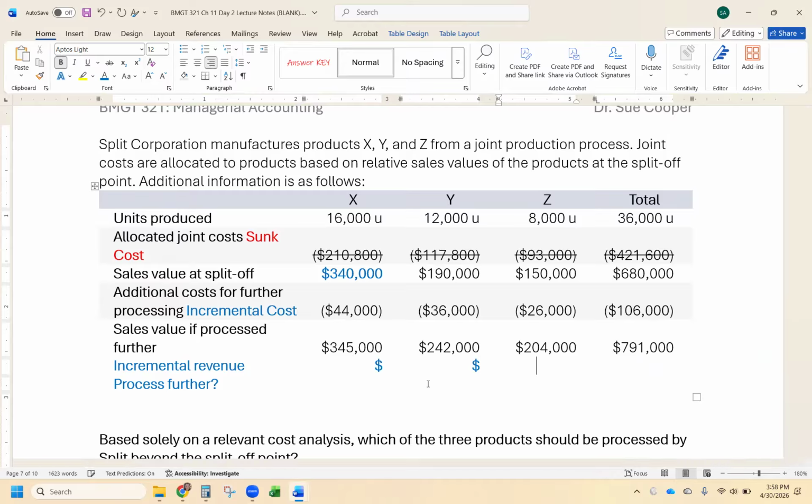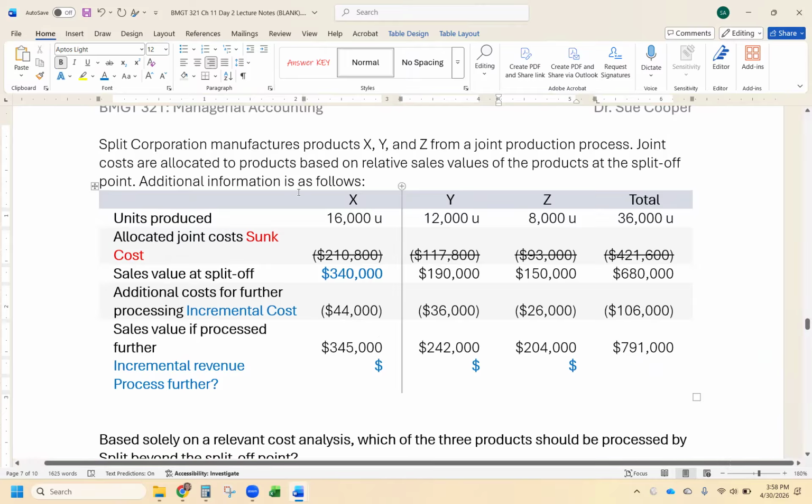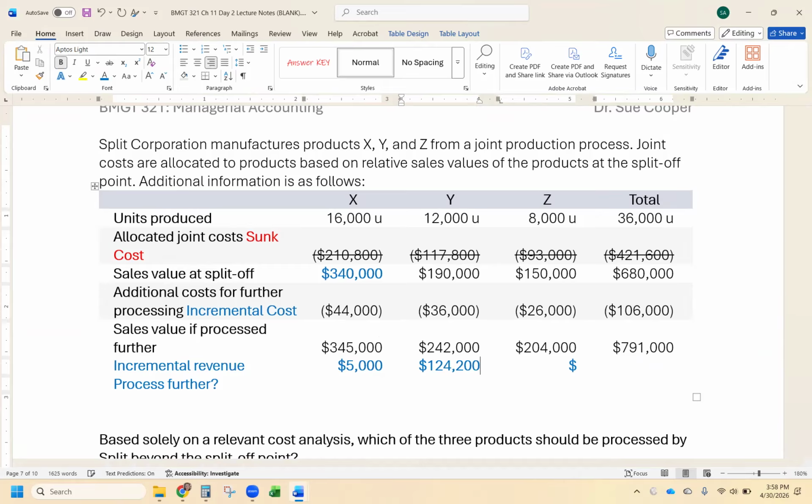What are you guys doing out there? 5,000? Yeah. Anybody else? Y is 124, 200. And Z? 111. Okay. Anybody want to change any of those?